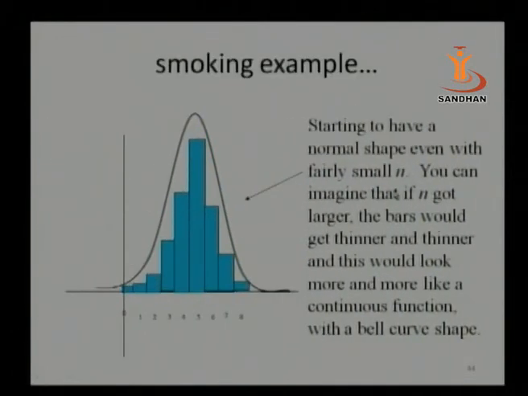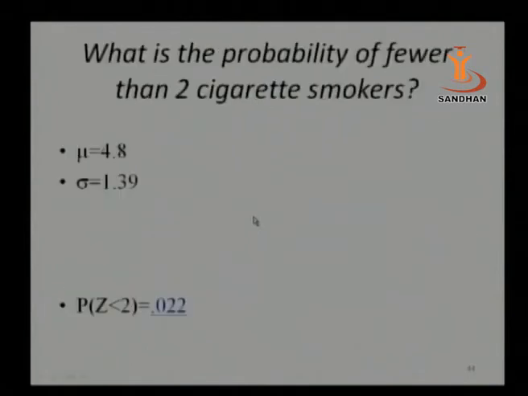Now again let us have one smoking example. The data for the smokers have been collected for those smoking 8 cigarettes, 7, up to 1 cigarette. So you can see for a large number of data it is going to be quite normal. Now what is the probability of fewer than 2 cigarette smokers?